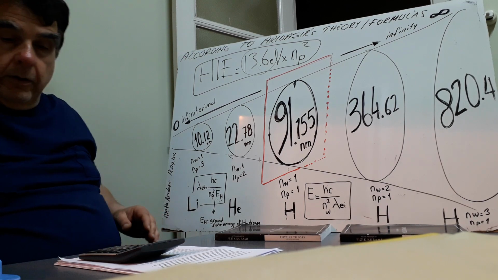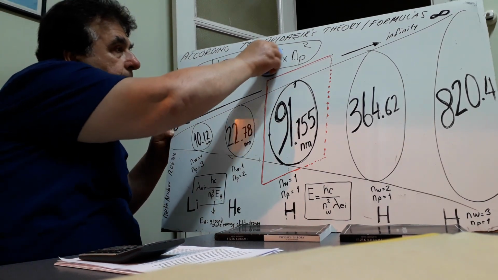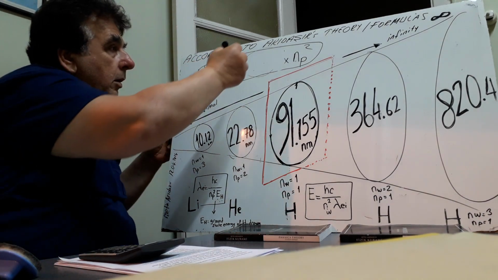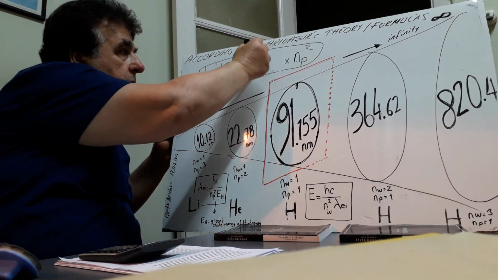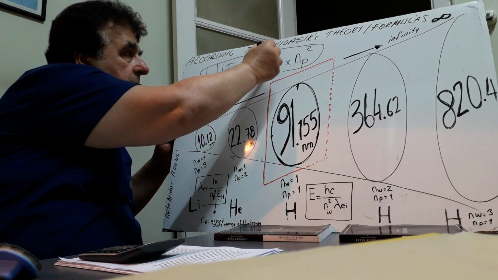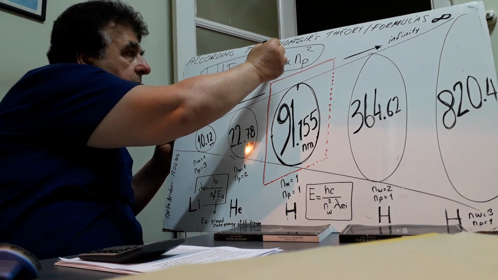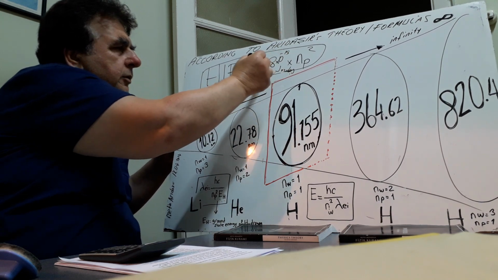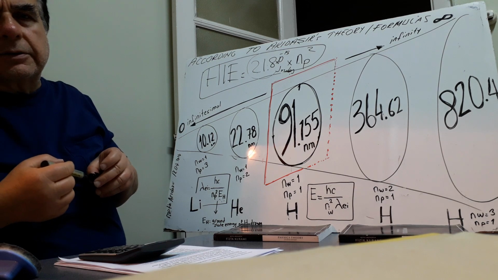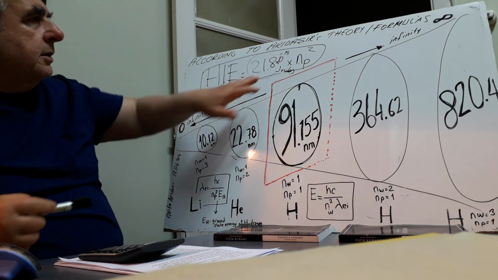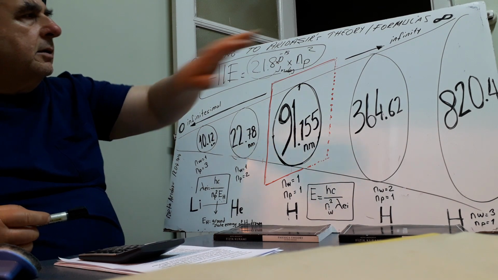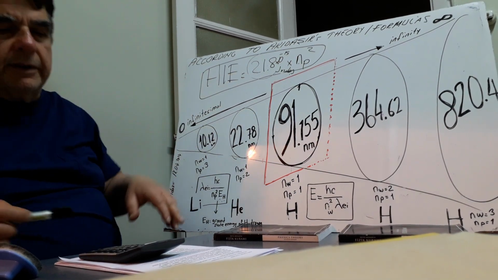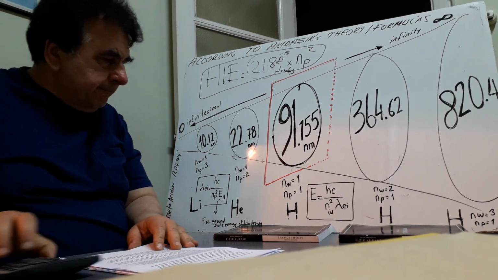Yes. We can say this. 21.8 times 10 to the minus 19 joules or kilogram meter square per second square multiplied by proton number squared, highest ionization energy formula that I put.